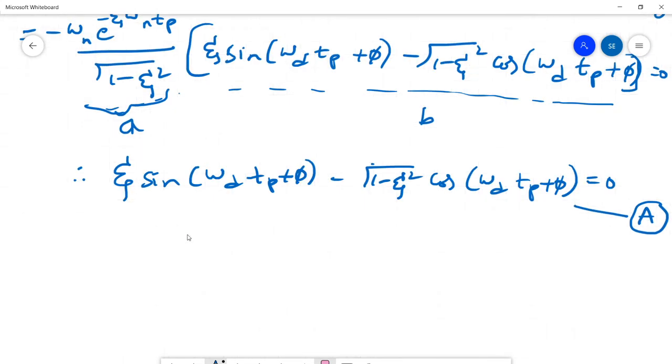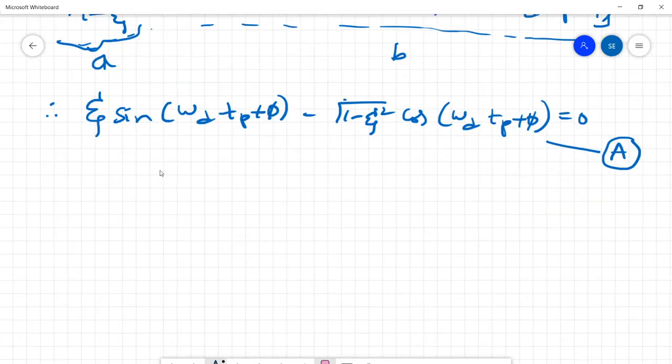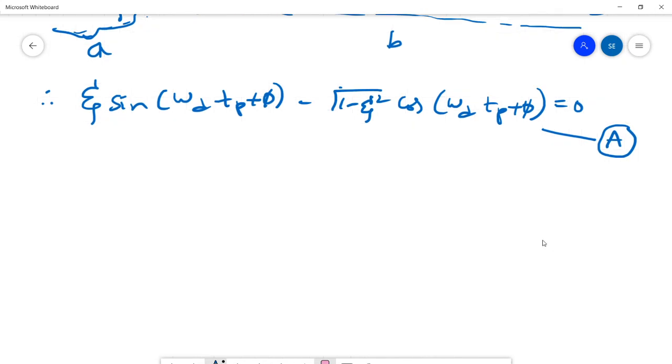As I mentioned in the first derivation, we have a right angle triangle. This is phi, root of 1 minus zeta square, this is zeta, this is 1. From where we got this? Phi is tan inverse of root of 1 minus zeta square by zeta.